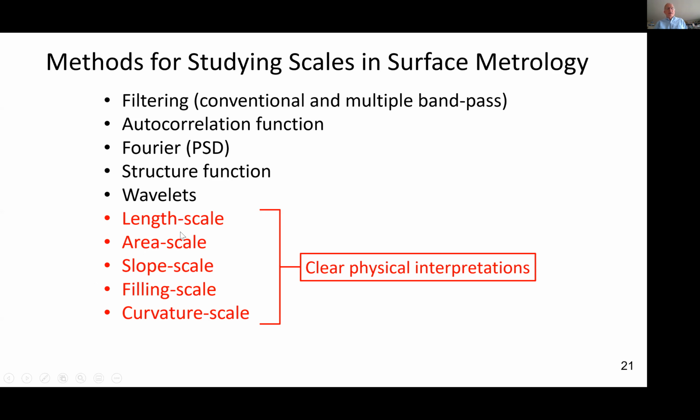Area scale just takes that up another dimension and sort of plays on, Vermont would be as big as Texas if you flattened it out, which turns out not to be true. Slope scale is similar. At a large scale, most of our surfaces have little slope to them, or none, but as we look at very fine scales, we notice that the local slopes are much steeper. Filling scale, how much stuff can you fit into the roughness on a surface? And then curvature scale, and we'll look at that in more detail in a moment.